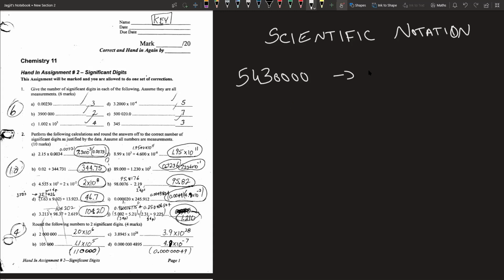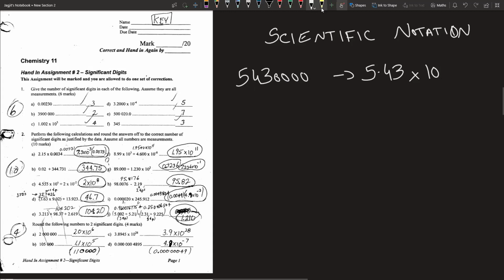And in scientific notation, all we do is we put the dot after the first number. So it will be 5.43. And now we don't really need to write these 0000 because these are kind of insignificant at this point. All you do now is, guys, we're going to say multiply by 10 to the power. And to identify this number, this is what we do.